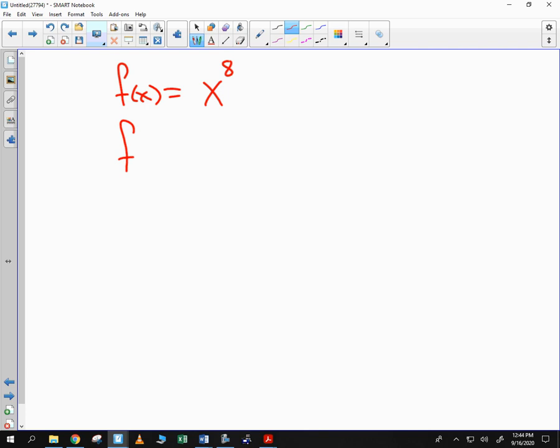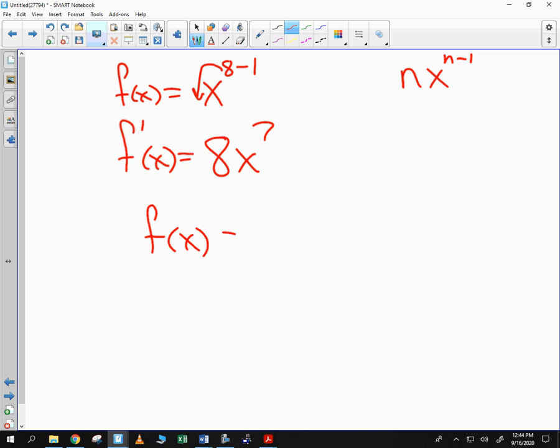What that means is the derivative rule is n times x to the n minus 1. What that tells us is you drop the 8 in front and you subtract 1. So it's 8x to the 7th. That's the derivative. Suppose you have a function equal to x to the 5th. Then the derivative is 5x to the 4th.